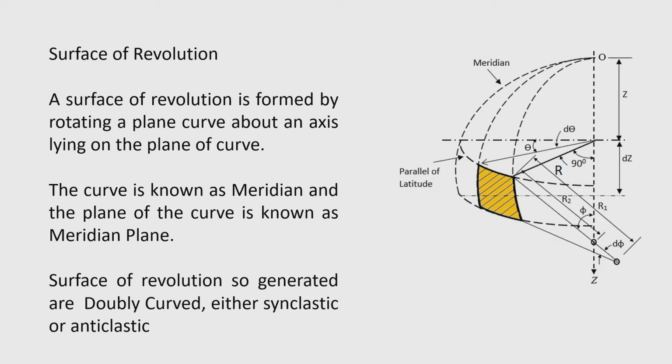This type of shell is characterized by two principal curvatures, because these are doubly curved. The curvature exists in two orthogonal directions, and therefore we need to take into account two principal curvatures in the formulation.